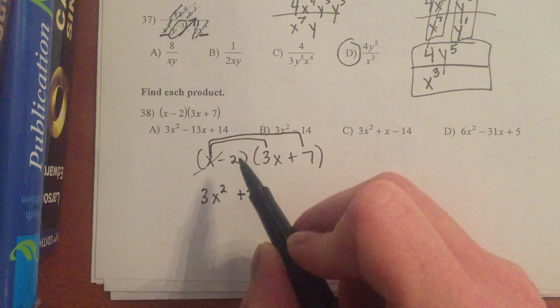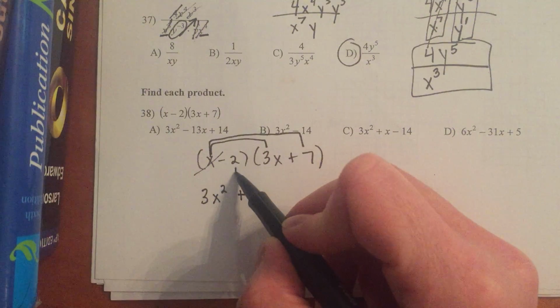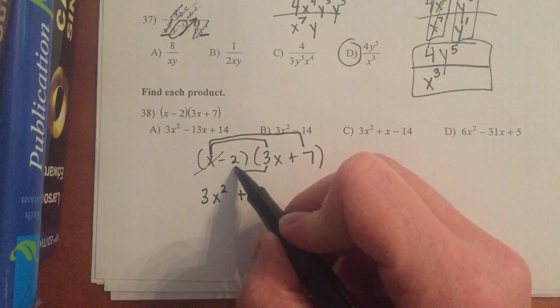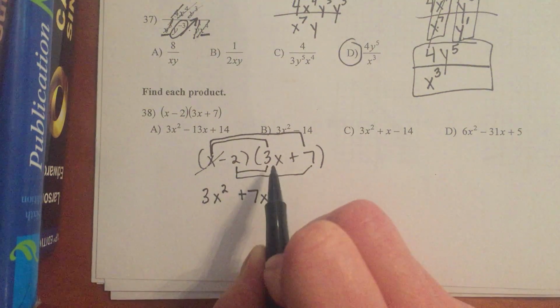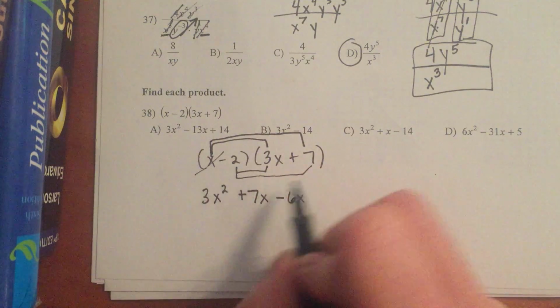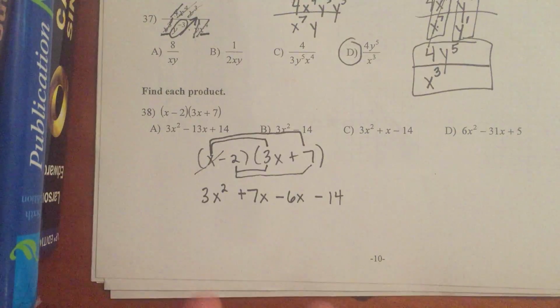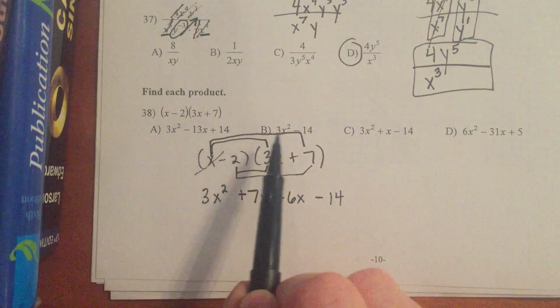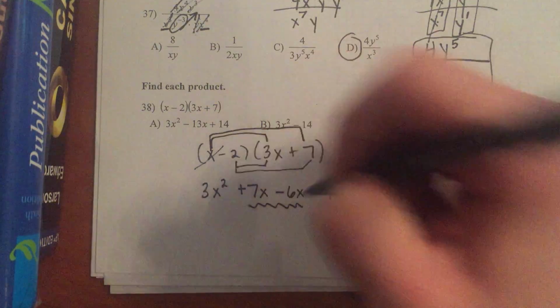Next I have the negative 2, and the negative 2 also gets multiplied by both terms over here. So I'm going to do negative 2 times 3x, but I'm also going to do negative 2 times 7. So negative 2 times 3x is negative 6x, and negative 2 times 7 is negative 14. Now I would be finished, but as I can see, there are no answers here that match what I have, and that's because you have to combine like terms.